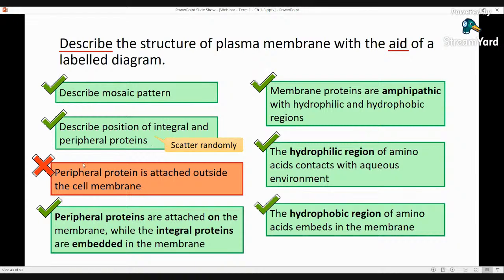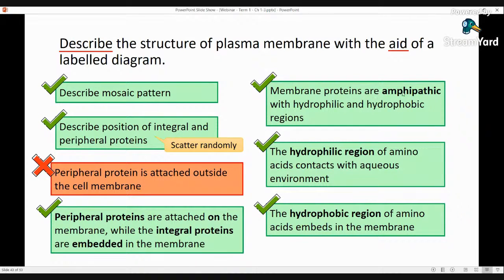All right. As I mentioned just now, saying the peripheral protein is attached outside the cell membrane is wrong, because actually it is on both sides of the membrane, either the aqueous environment or the cytoplasm. They are attached on the membrane, while the integral proteins are embedded in the membrane.